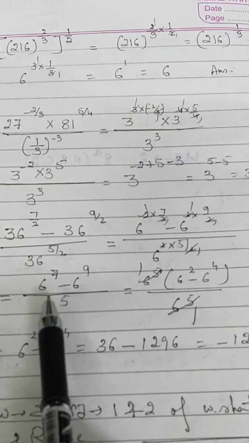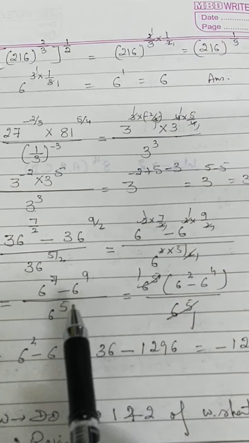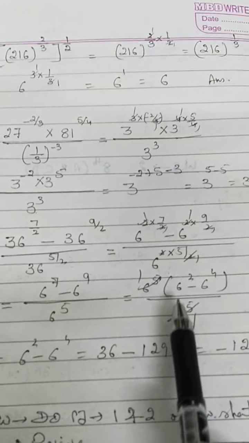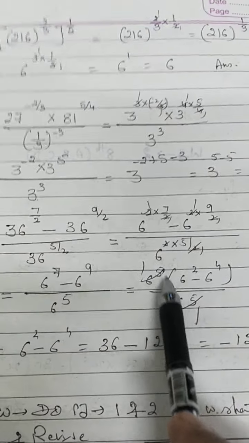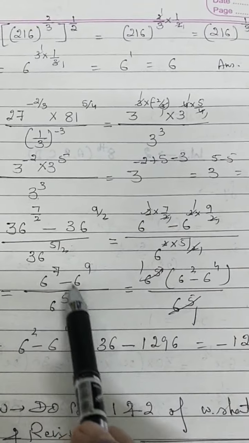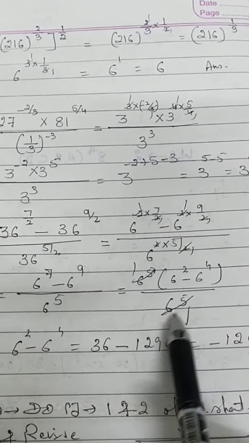So in the numerator we can take the common factor, that is 6 raised to power 5. If 6 raised to power 5 is common, then inside the bracket is left 6 square minus 6 raised to power 4, upon 6 raised to power 5.